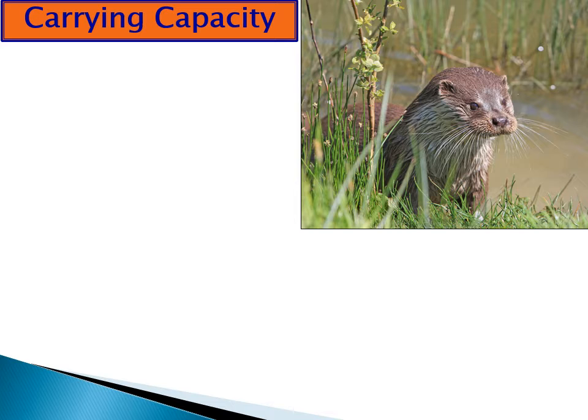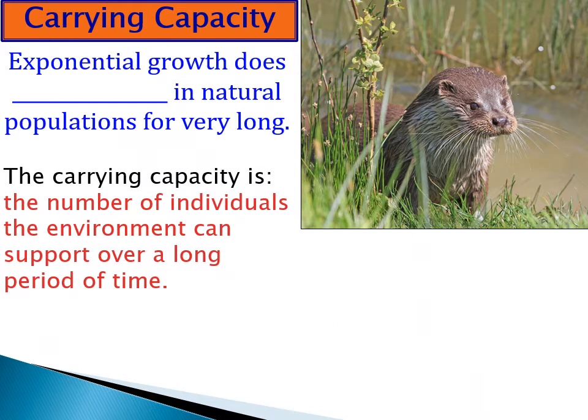So what this gets us to is the carrying capacity of our ecosystem. All right, so exponential growth does not continue in natural populations for very long because of the limiting factors. The carrying capacity is the number of individuals in the environment that the environment can sustain over a prolonged period of time without taxing the ecosystem.